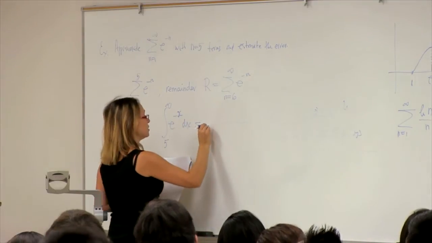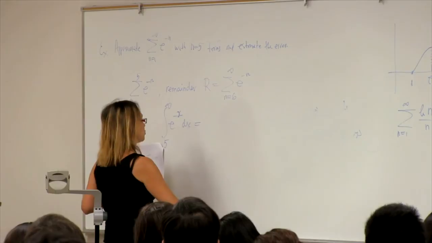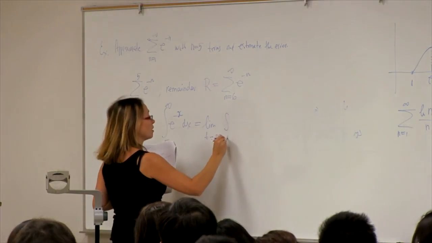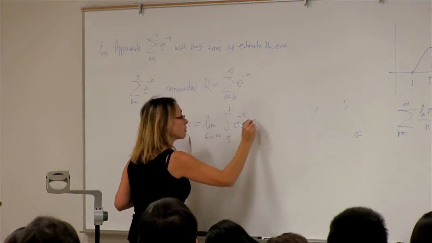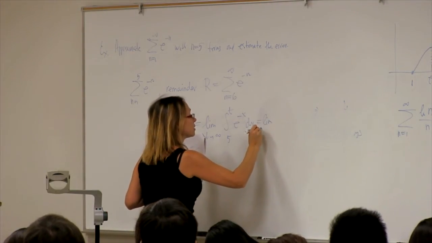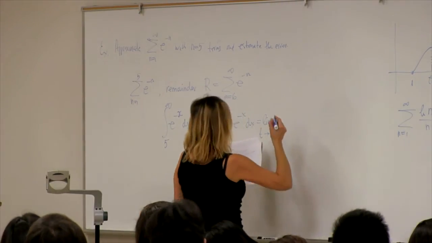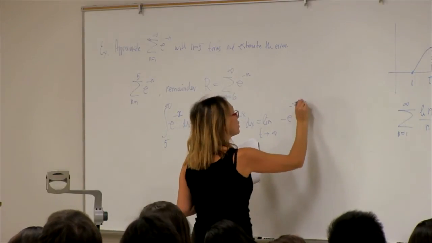And that is very easy. OK, let's do it properly. Limit as t goes to infinity of the integral from 5 to t of e to the minus x dx. The antiderivative is minus e to the minus x, from 5 to t.